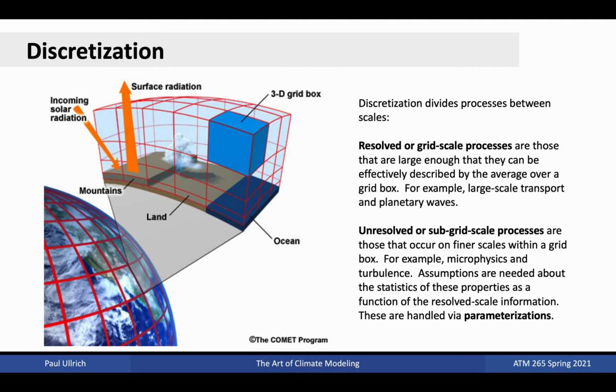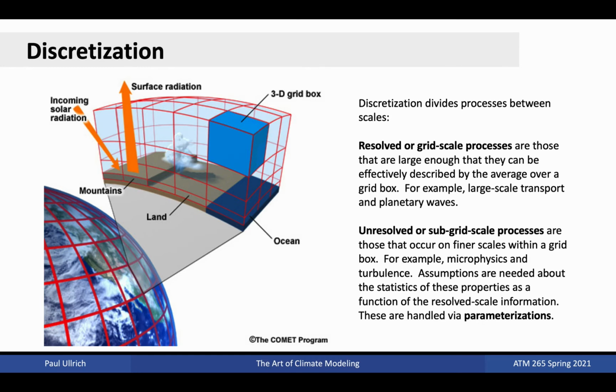Some processes, such as convection, may be either resolved or parameterized based on the grid spacing of the model. Because convection can occur on scales of a few kilometers, at grid spacings coarser than about 10 kilometers, convection is typically parameterized. However, at finer grid spacing, convection is typically handled at the resolved scale by the fluid equation solver.